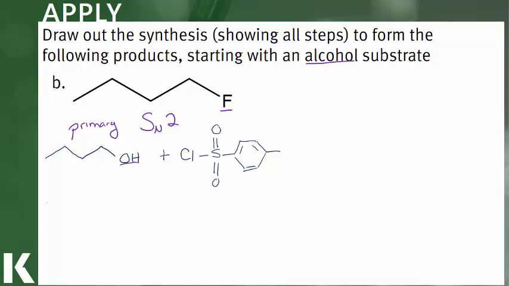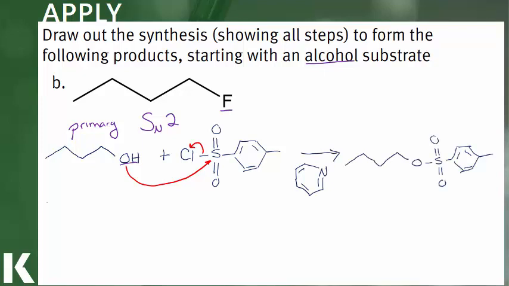So in this reaction, that OH is our nucleophile, specifically the oxygen, and it will attack the sulfur and kick off chloride as our leaving group. And of course, our pyridine will be neutralizing the hydrochloric acid produced as a product. So now we have a good leaving group here.